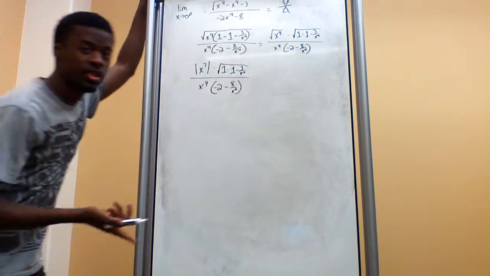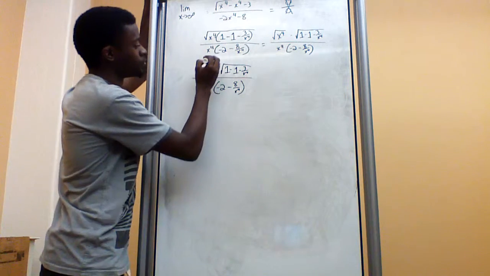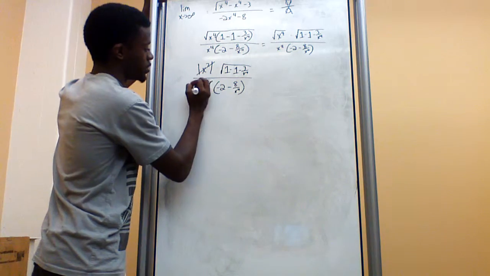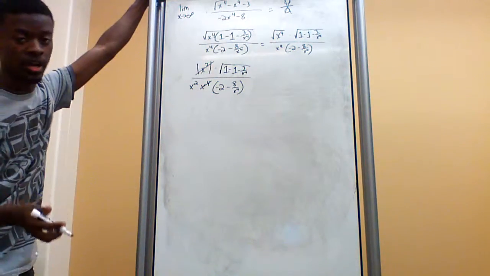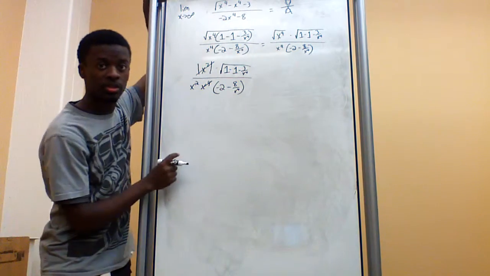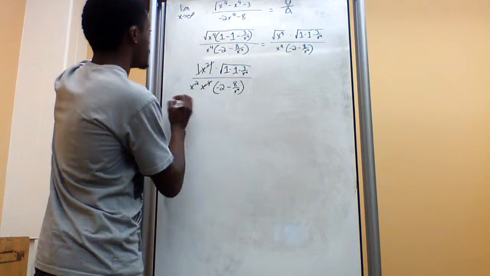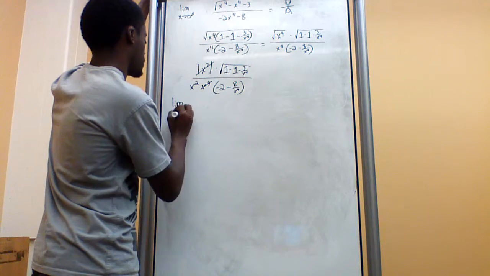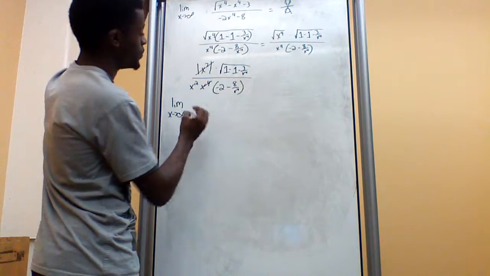Now we can cancel out x squared at the top and reduce this. Now with our new function, since we canceled out, we can go ahead and direct substitute again. And our new problem looks like this.